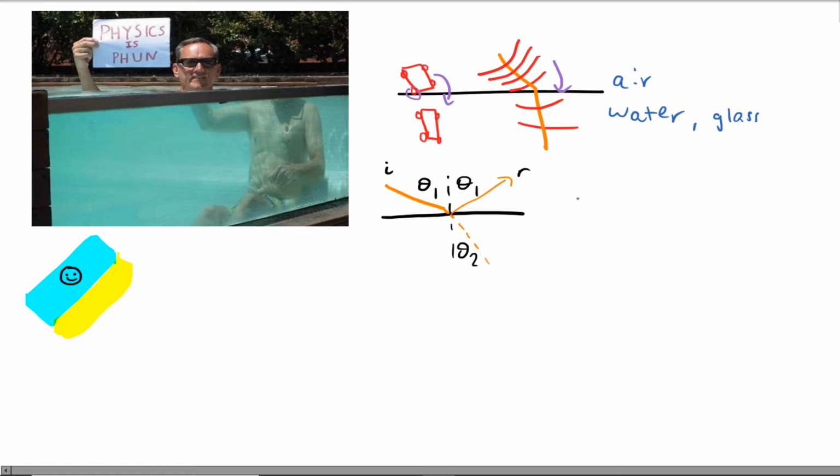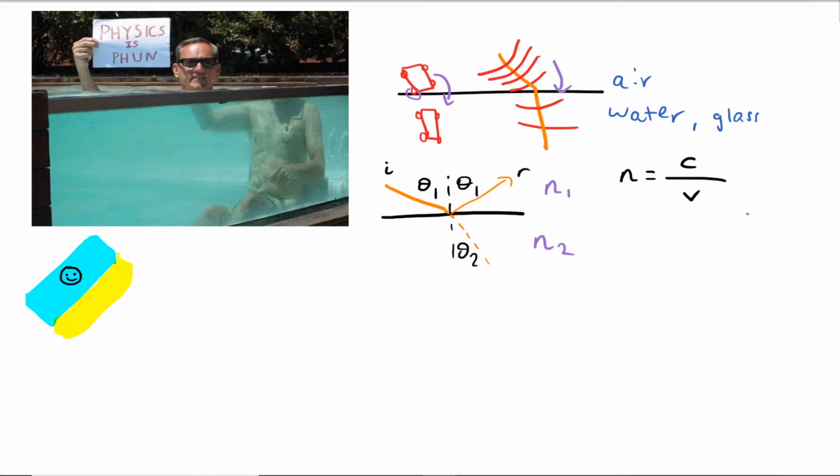And the relationship between these angles actually has to do with the material properties of the two mediums. So I'll call this N1 and I'll call this N2. N is actually a ratio between c, the speed of light in a vacuum, and v, the speed of light in this particular medium.